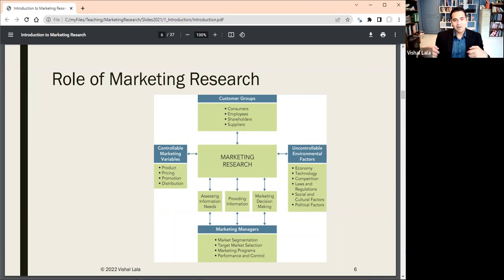At the same time, bear in mind the needs of the company. So marketing research is the area that tries to gather all the data required in order to satisfy customers as best as possible using all available information from the uncontrollable environment, consumer groups, as well as keeping in mind the needs of the company.